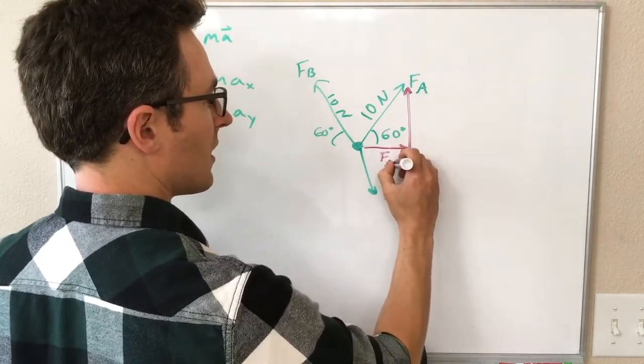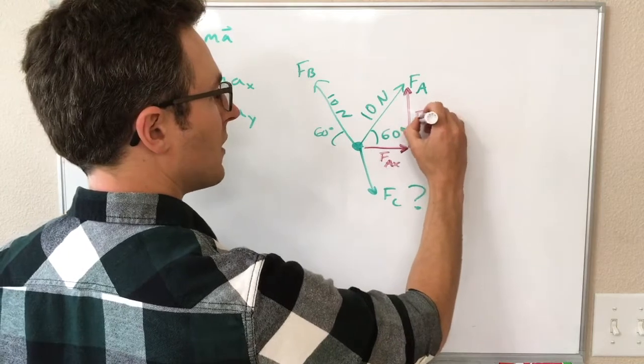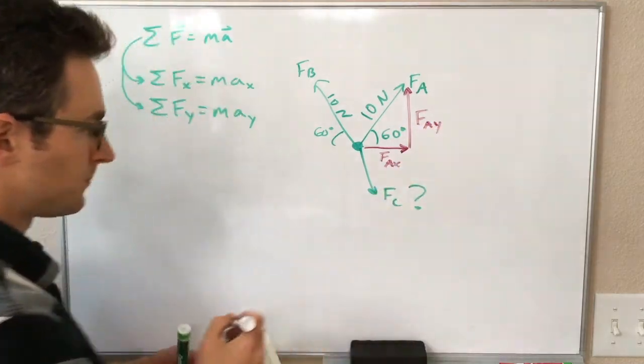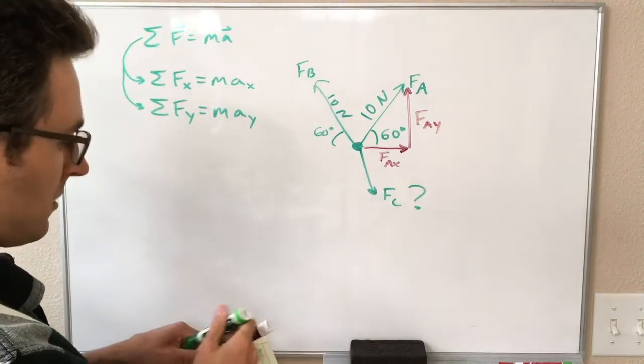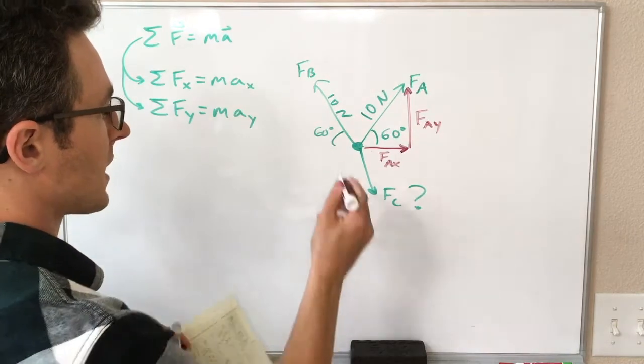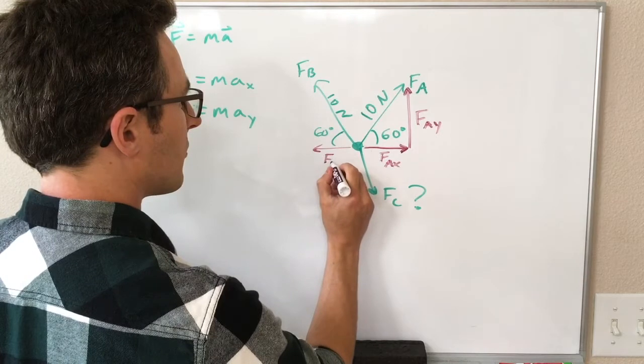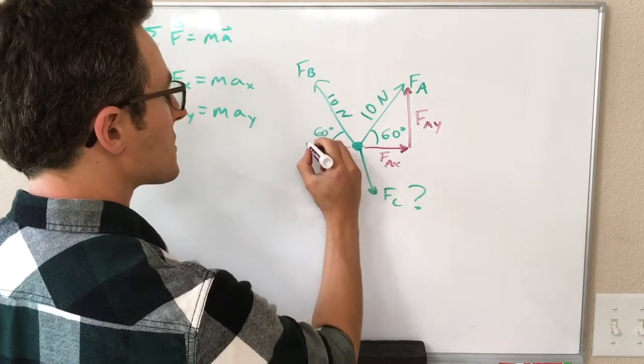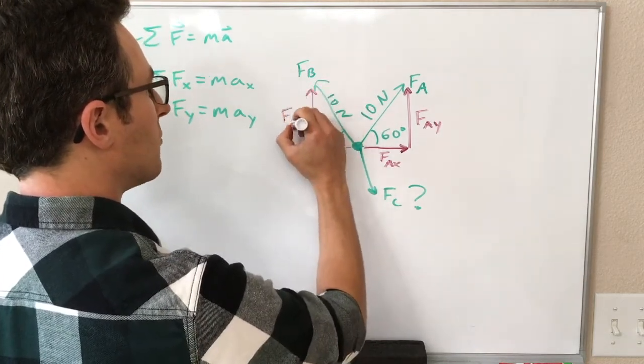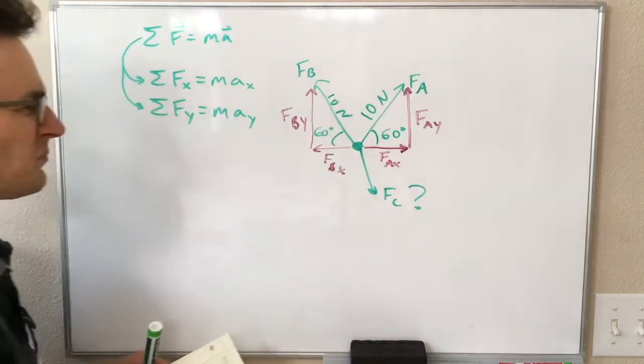So this is FAx, FAy. And force B also has x and y components. This is FBx, and this is FBy.